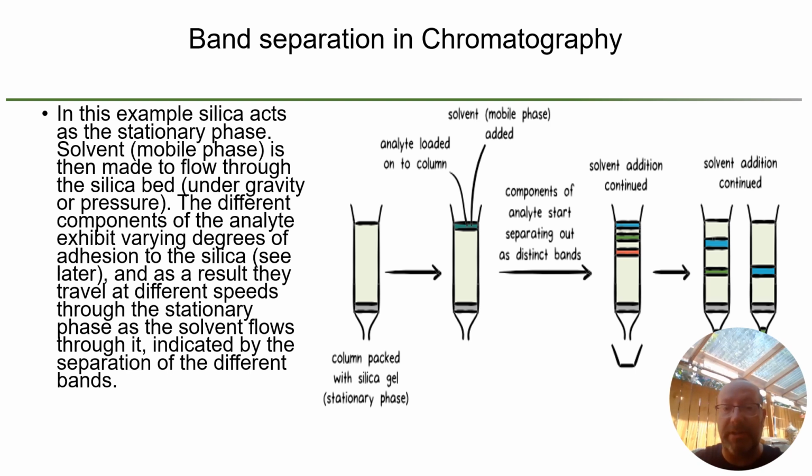So if we see in our example here, if we load our analytes on the top of a column and we start to get bands out, each one of those bands is going to represent what's called a theoretical plate. And all of those processes of diffusion that we just talked about are going to happen through each one of those plates. And as these bands move through the column, they're moving through a stack of theoretical plates. Those theoretical plates can be calculated, and we are going to go through that in just a moment.